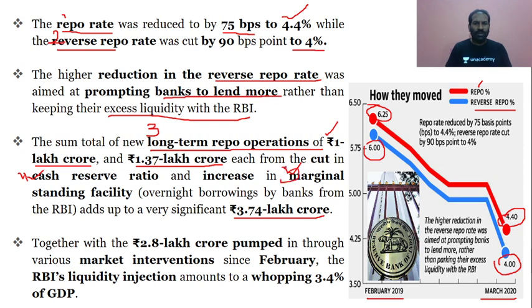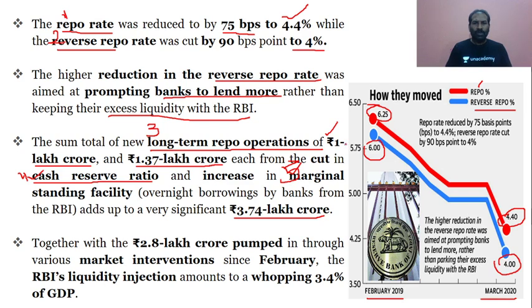So as of now, what we have seen are various methods to pump money into the banks. First is the repo rate, second is the reverse repo rate, third is long-term repo operation, fourth is the cash reserve ratio, and fifth is the marginal standing facility.